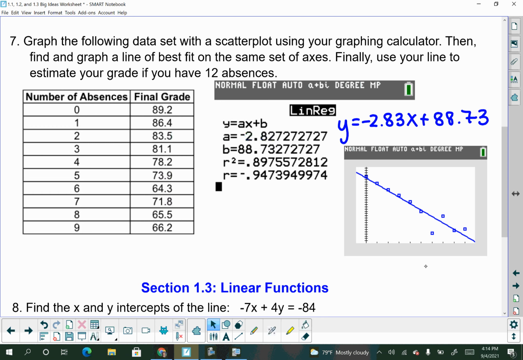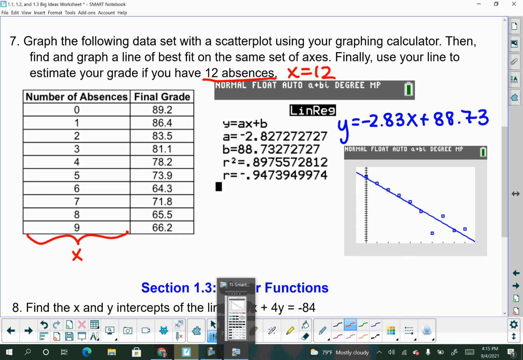Finally, we're going to use our line to estimate the grade if you have 12 absences. Now, absences in our data are the x's. So when we say 12 absences, 12 is going to be plugged in for x. You can estimate this on the graph if 12 is on the graph. I don't think it is in this picture.